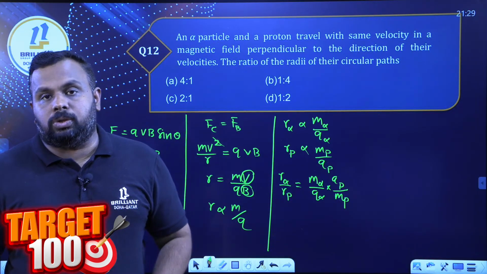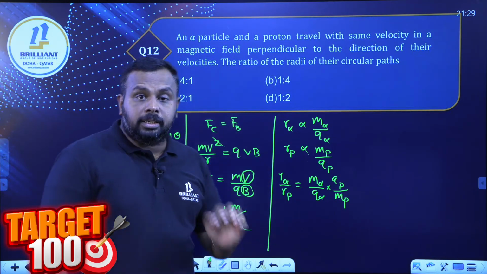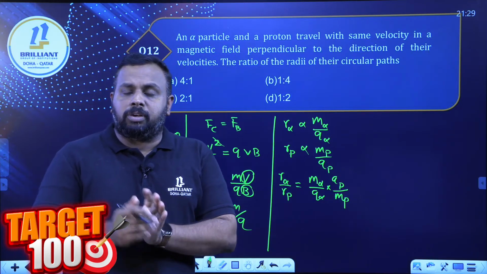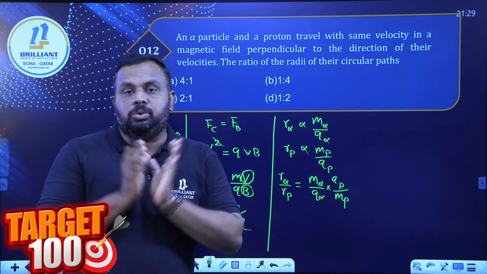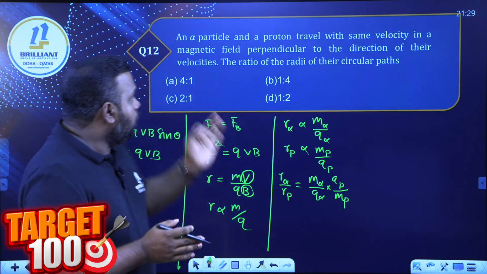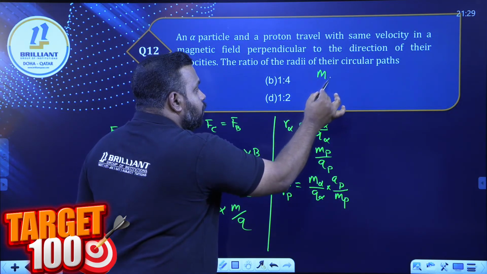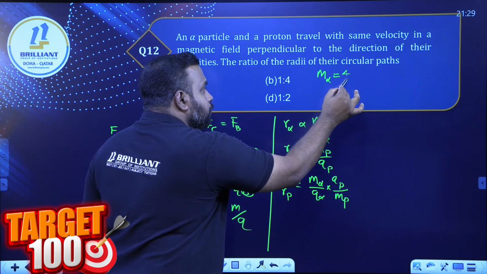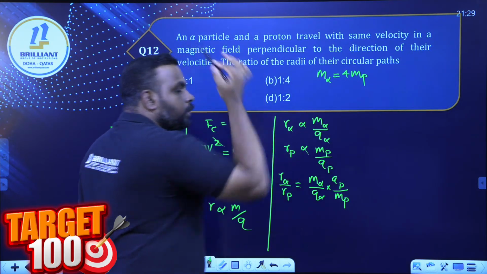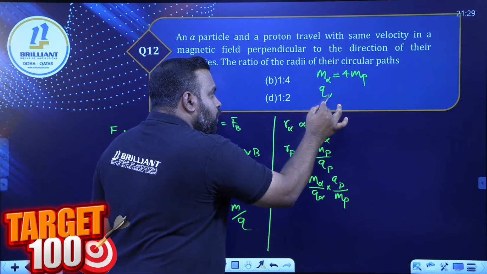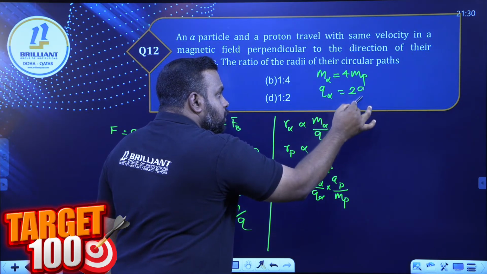Please note that in this question they did not mention the relation between mass of alpha particle and that of proton. You should keep it in your mind. My dear students, mass of alpha particle is 4 times the mass of a proton. It's a basic information. Similarly, charge of alpha particle is 2 times the charge of proton.